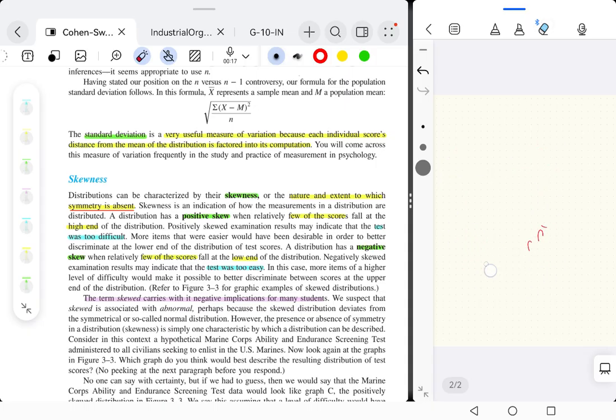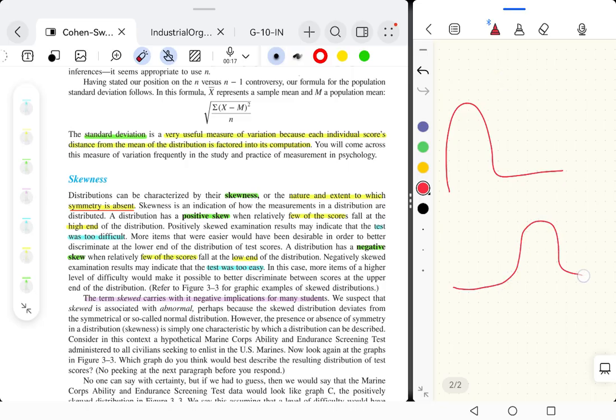So with that out of the way, let's continue. We have a positive skew and a negative skew. We know the mean, median, and mode, right? The mode is always at the peak. The median is always in the middle, and the mean is always here.